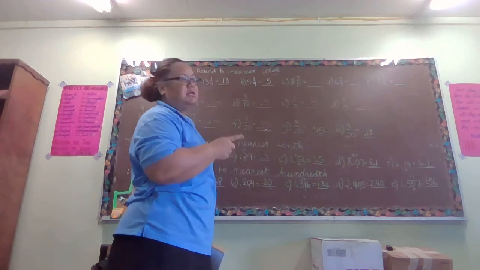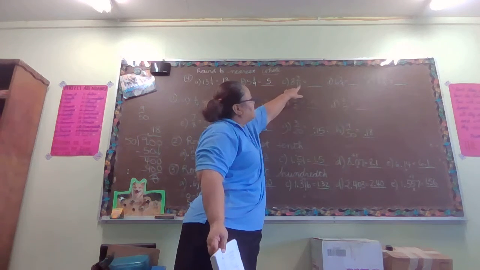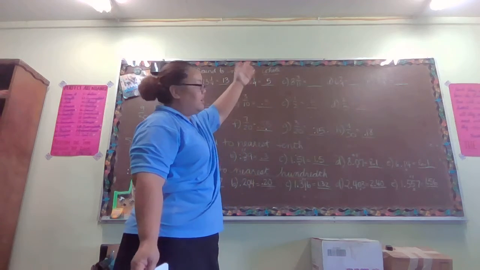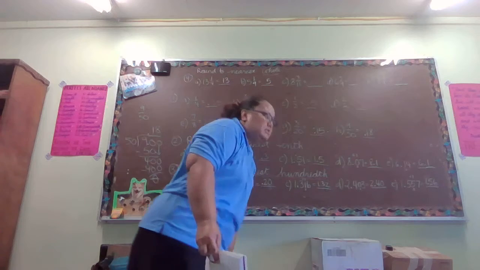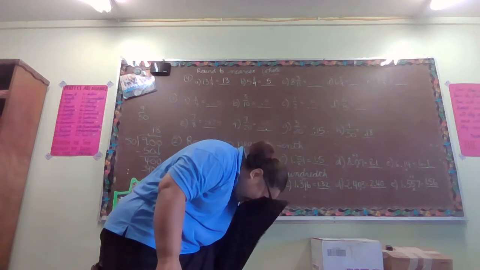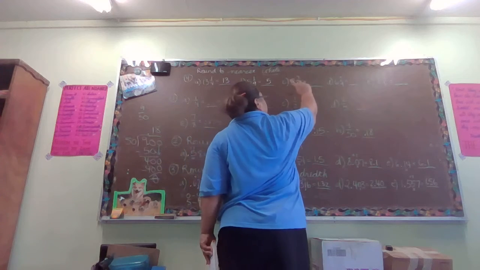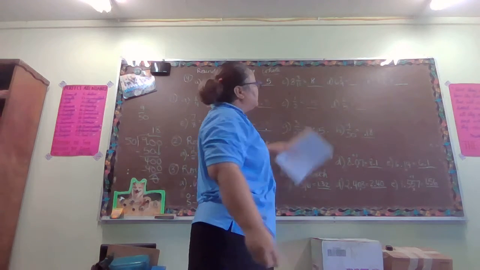3/11. We have to make sure, we want to find what the half of 11 is. If the numerator is greater than half of the denominator, then you round it up. So the half of 11 is 5.5. I'll make it easy, 5. 3 is less than 5, so it's less than 1/2. The answer is 8. 7/9.